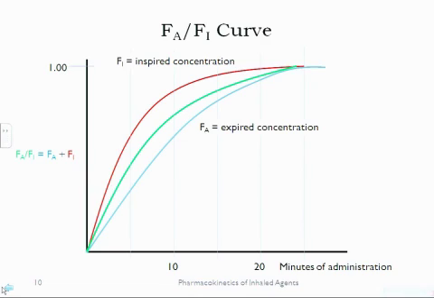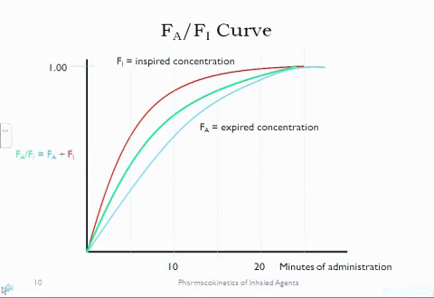Versus something that is very soluble, the FA to FI curves will stay apart from each other and eventually meet after minutes. We're talking about 15, 20 to 30 minutes in some of the more soluble agents. If you were talking about ether, you could be as long as an hour and a half, 2 hours, before you eventually plateau together to form this top phase.